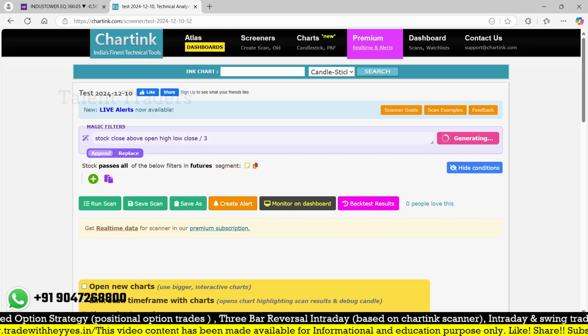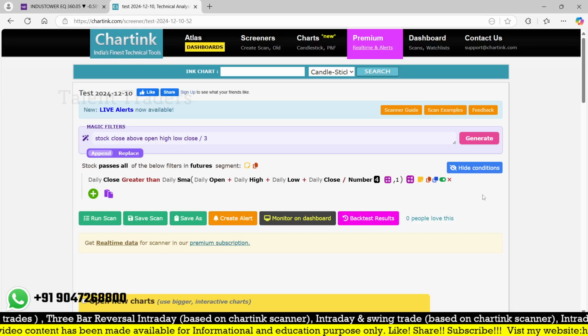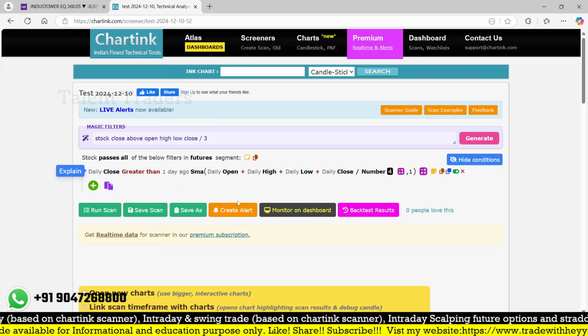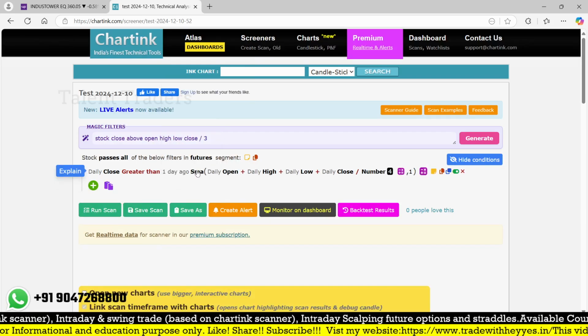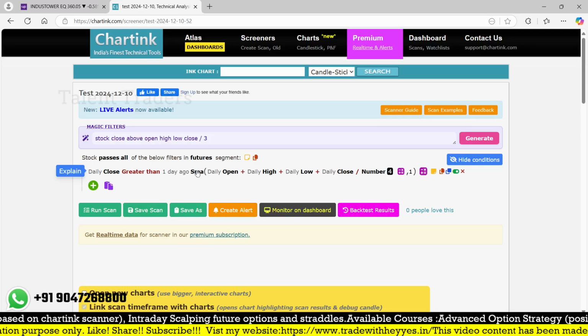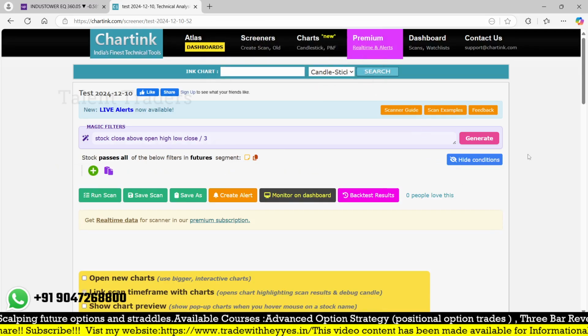Will this work? Yeah, I think this will work. Maybe stock will use 1 day ago. I think it is showing you SMA. So it is also having some wrong conditions, but you have to check one more time whether it is right or wrong.